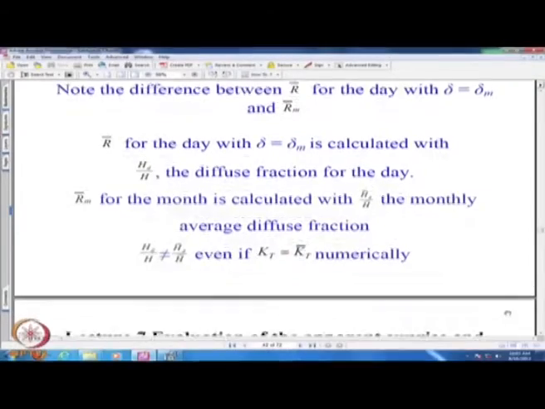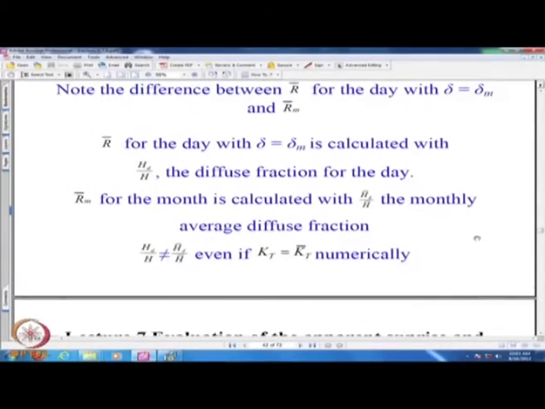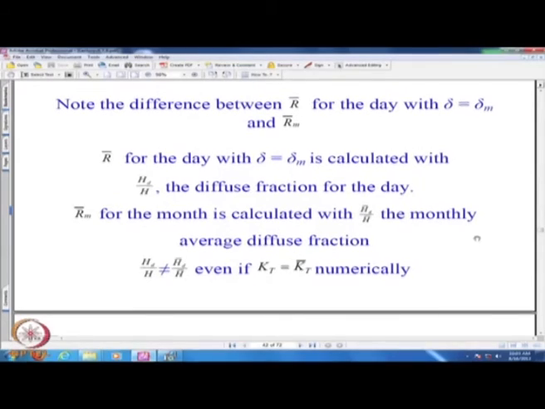And then the success in using the same formula for the monthly average daily is essentially taking care of the nonlinearity in delta variation from day number 1 to day number 31 in a particular month, which is around 3 to 4 degrees. So, the functions cos delta or sin delta do not vary all that much in a span of 4 to 5 degrees declination.